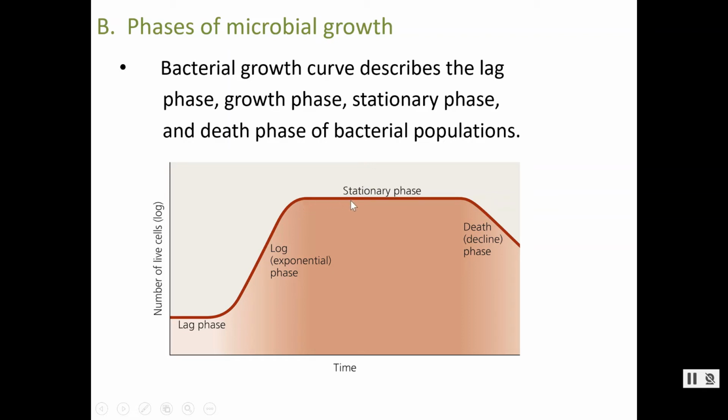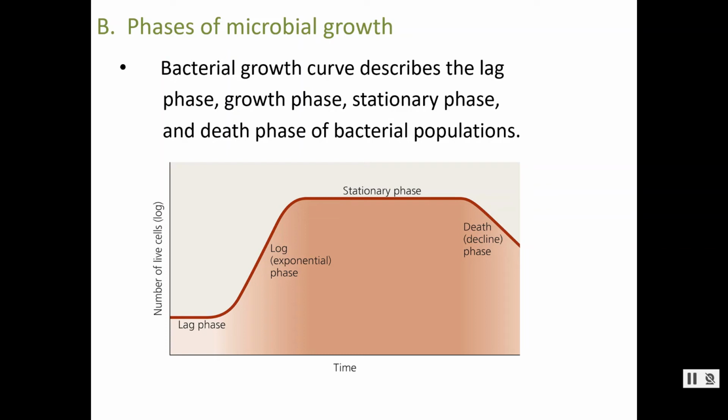Now, it's not that replication is not occurring. When you see a flat line, it's tempting to think, oh, they're not replicating, and that's not true. Replication is still occurring. What's happening is the rate of replication equals the rate of death. So for every one cell that gets the nutrients and is able to divide into two cells, there's another cell that didn't get the nutrients and dies.